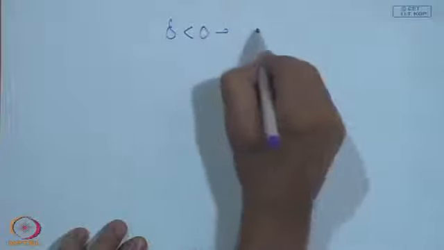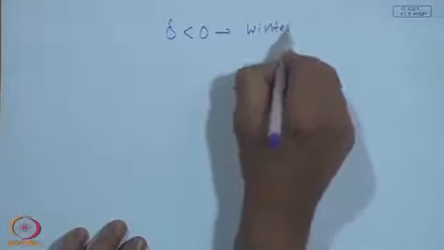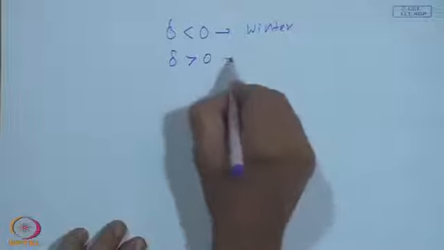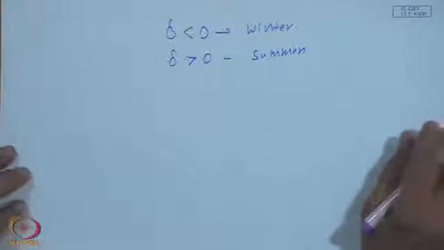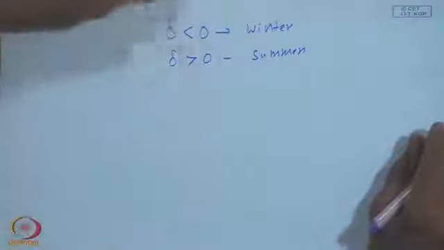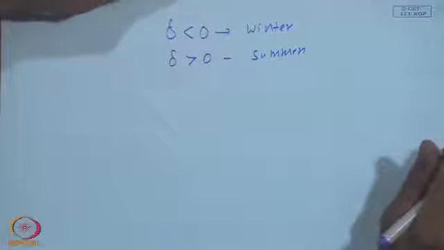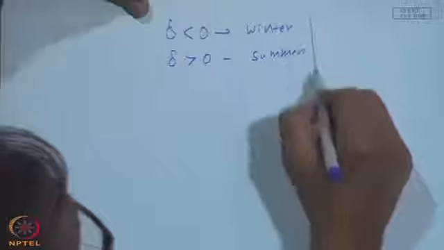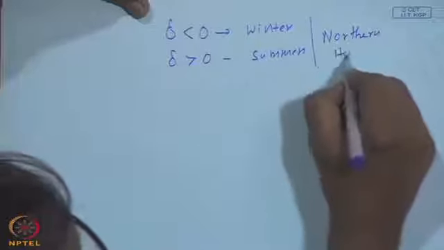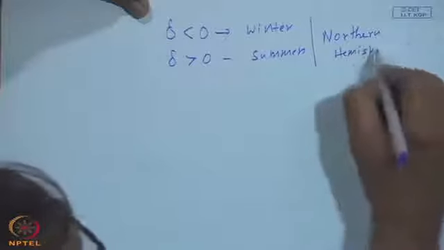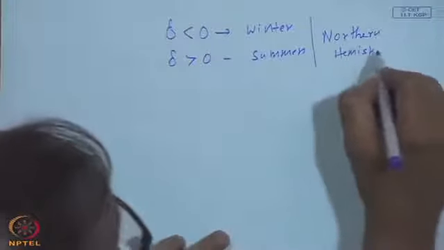Broadly speaking, delta less than 0 may be called winter, and delta greater than 0 summer. This is somewhat for my own convenience, because most of the discussion can be done in terms of positive declination and negative declination, though in between there is autumn, spring, the rainy season, and so many other seasons. So, we will just call it winter and summer. Mind you, this is for the northern hemisphere, that is, north of the equatorial plane.